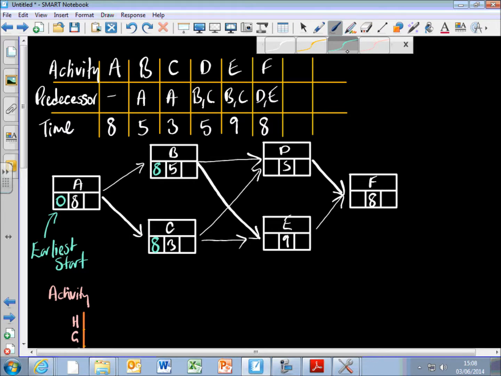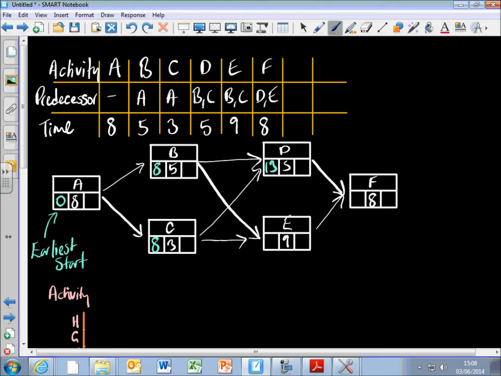Activity C could start on day 8, takes 3 days, so it could be done by day 11. But activity D requires C and B both being done, so I'm going to pick the biggest number. So 8 add 5 was 13, 8 add 3 was 11, so D can start on day 13. It requires both of them being done.